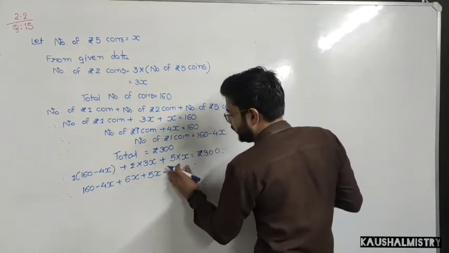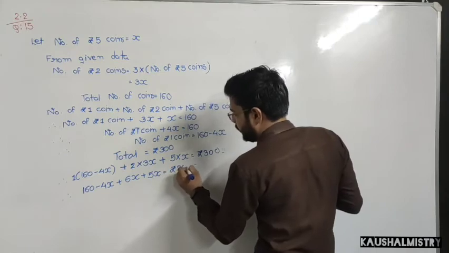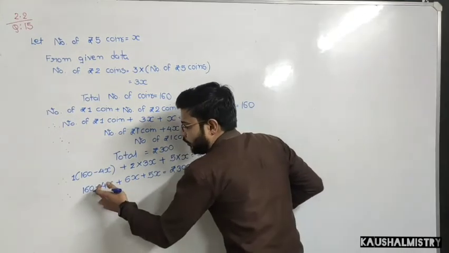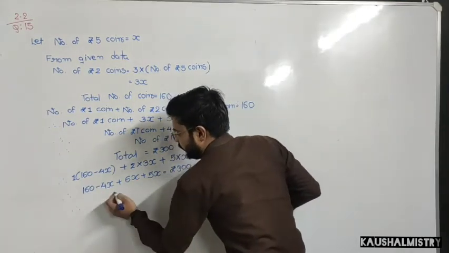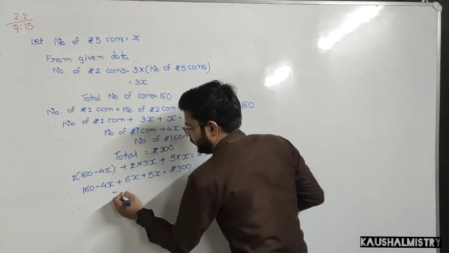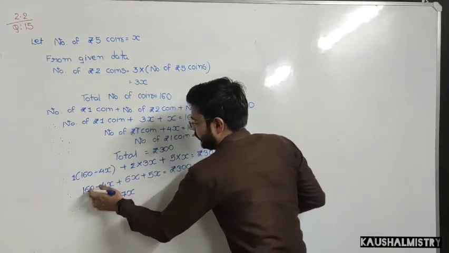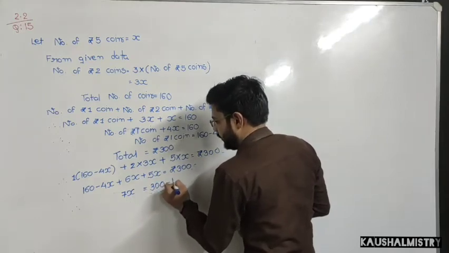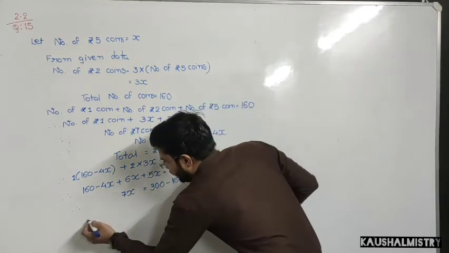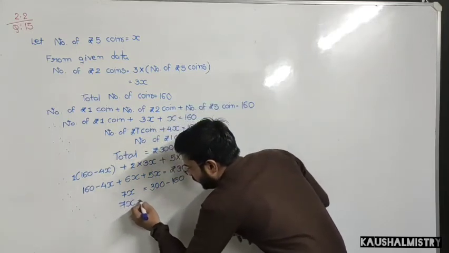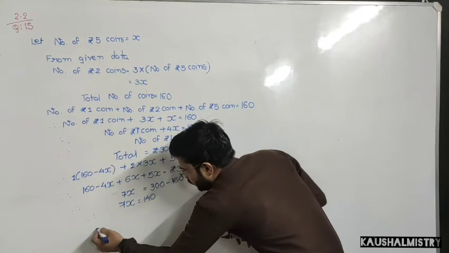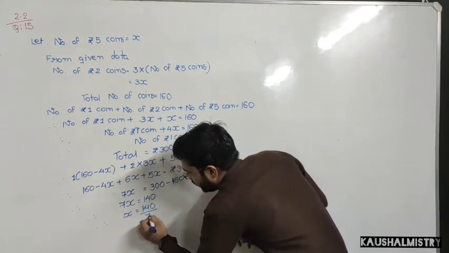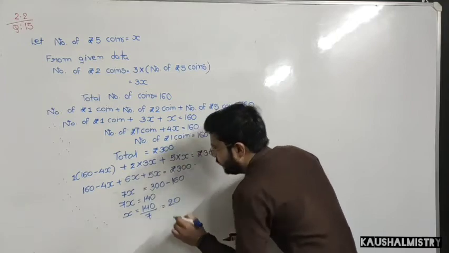Now minus 4x plus 6x is equal to 2x, 2x plus 5x is equal to 7x, and this 160 will go on this side. So 300 minus 160, therefore 7x is equal to 140. So therefore x is equal to 140 by 7, and that is equal to 20.